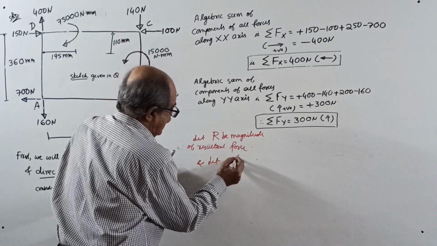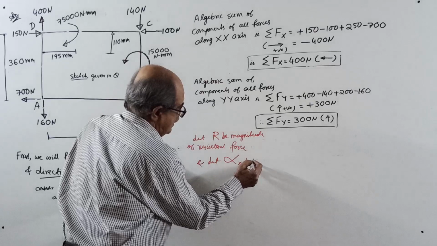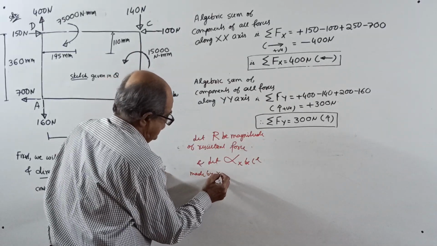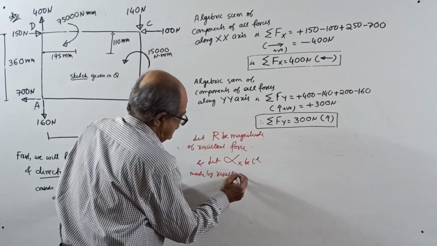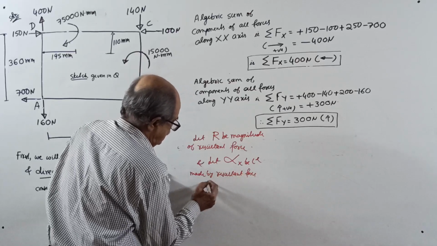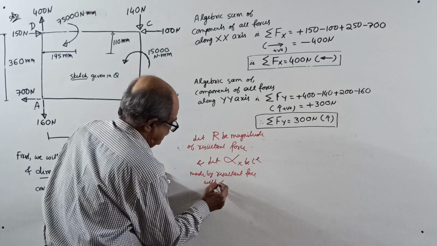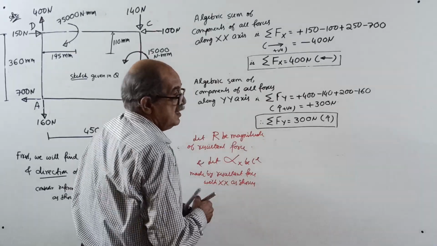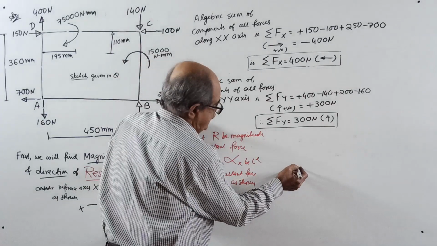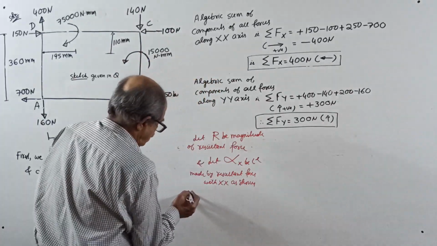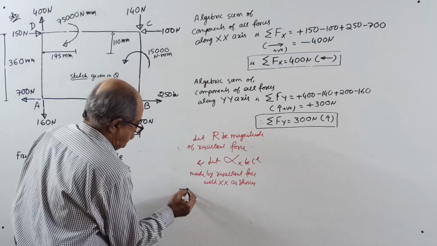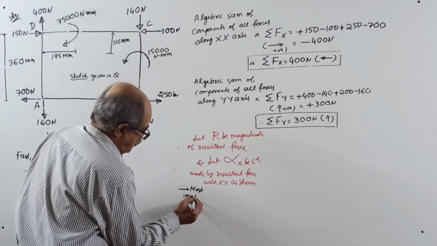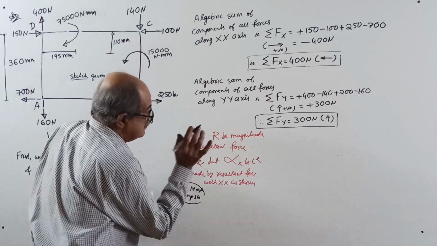let alpha x be the angle made by the resultant force with the x axis, as shown. Now see, take any point. Now the most important statement I will tell you.